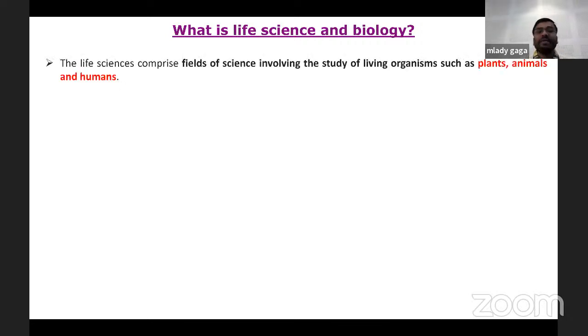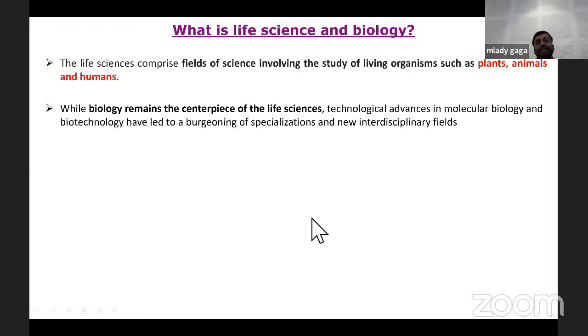So what is life science and what is biology? Are they similar or different? Life science comprises the fields of science involving the study of living organisms: plants, animals, humans, bacteria, and so on. While biology remains the centerpiece of life science, it is a part of life science.